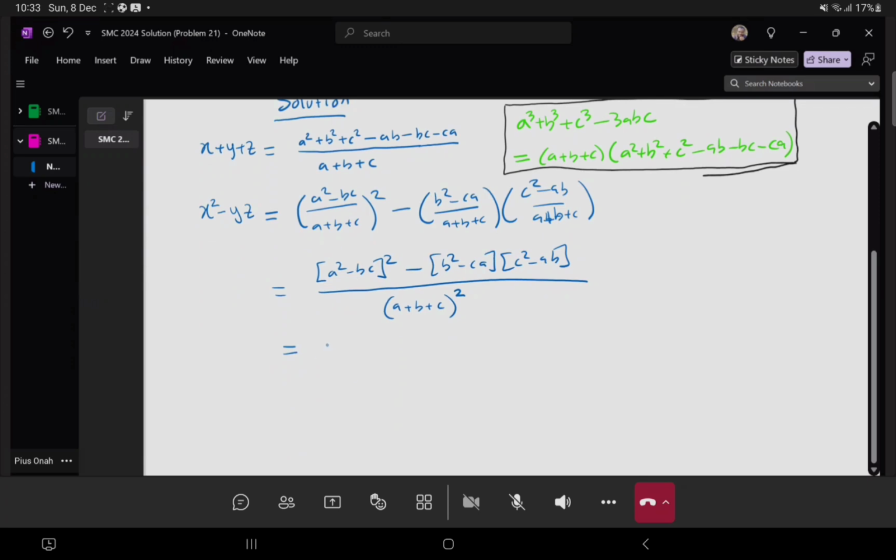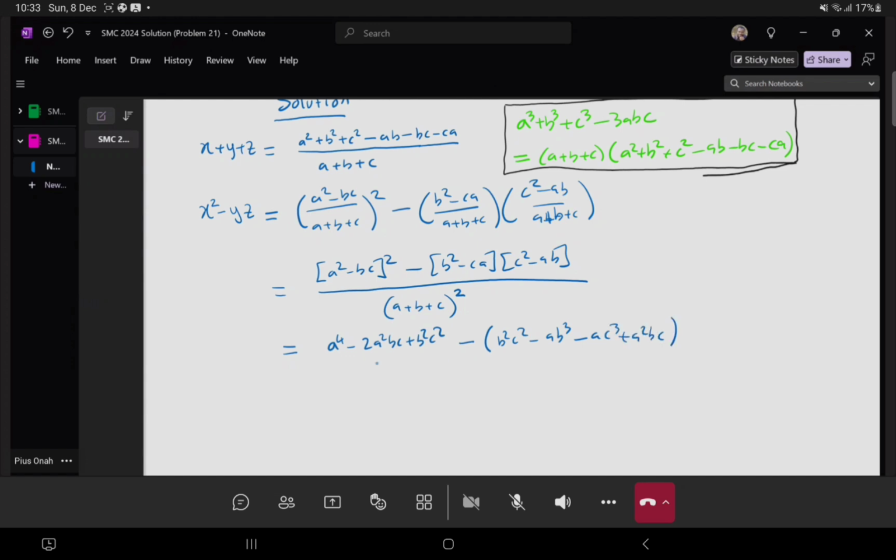So now, expanding the first part, I'll just go ahead and expand. This is for the first bracket, minus, now for the second one, we have b squared, c squared, ab cubed, ac cubed. At this level of question, we expect this should be basic stuff.